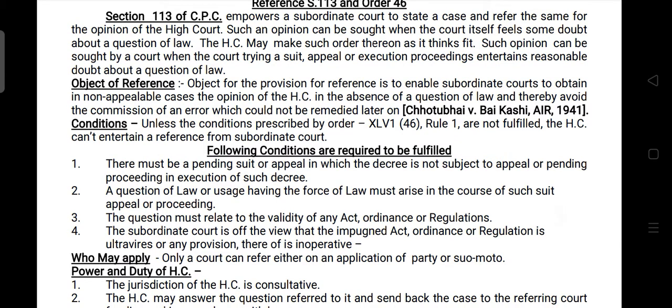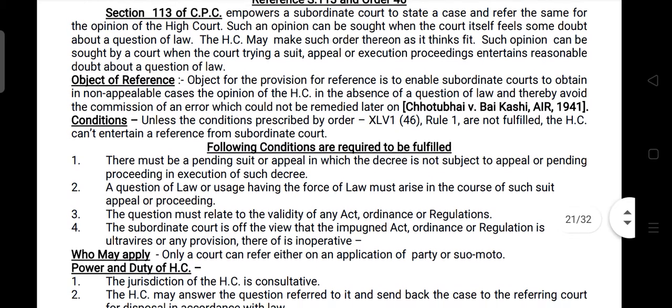Such an opinion can be sought when the court itself refers the case to the High Court.